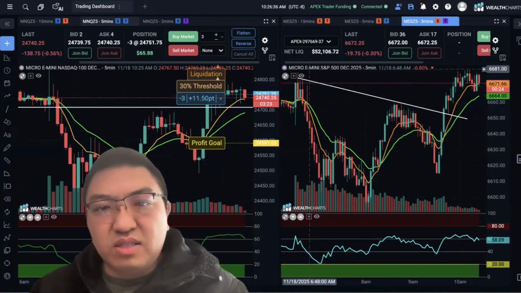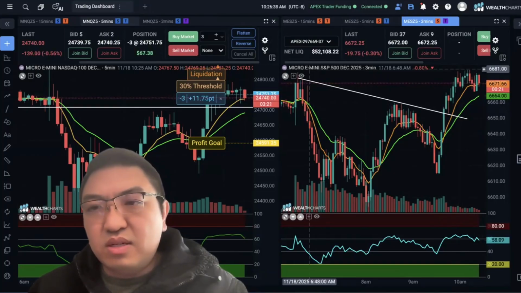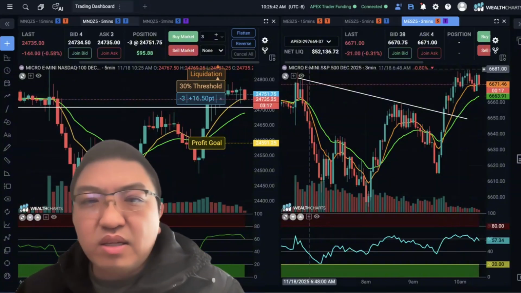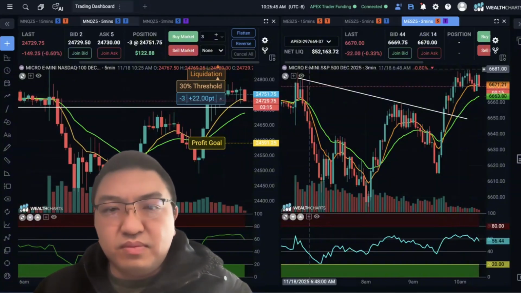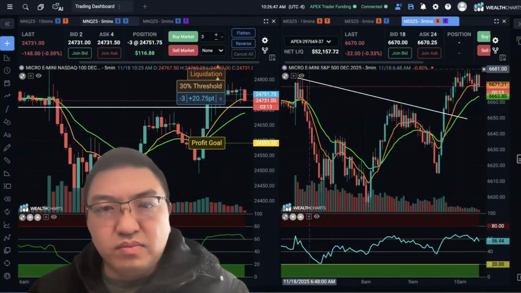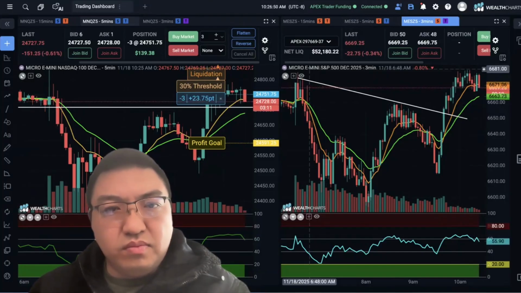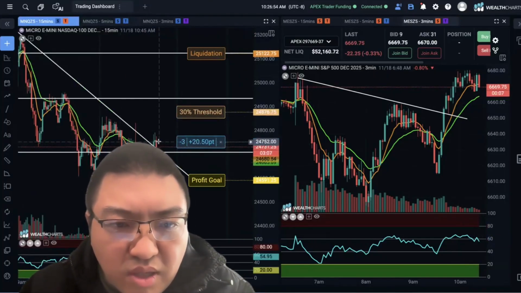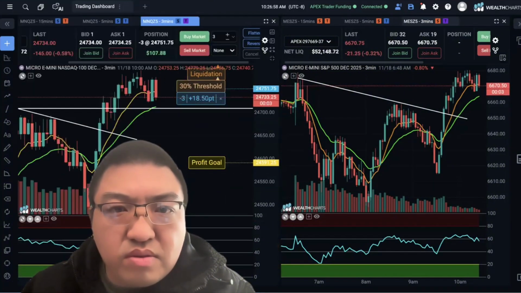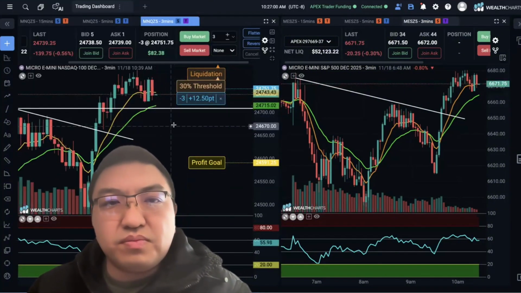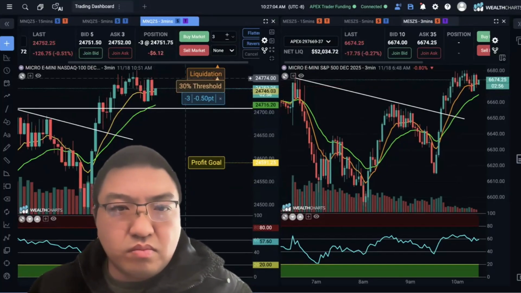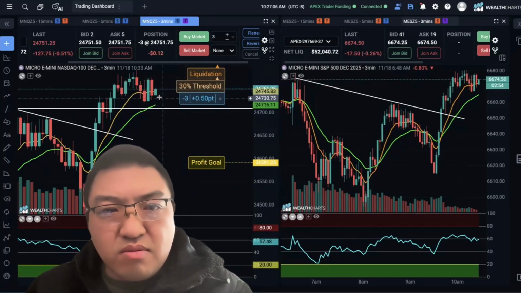See if it exceeds. Third attempt to break out. What about 15 minute? Okay, that's fair. It falls back to here. Oh, it does not cover.